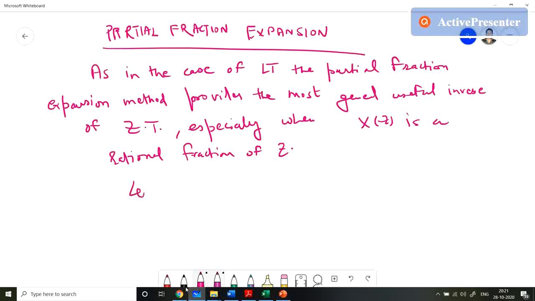So let us denote X(z) as N(z) divided by D(z).